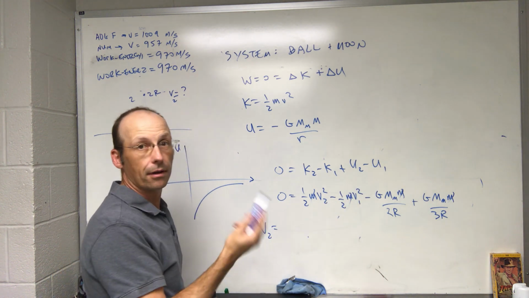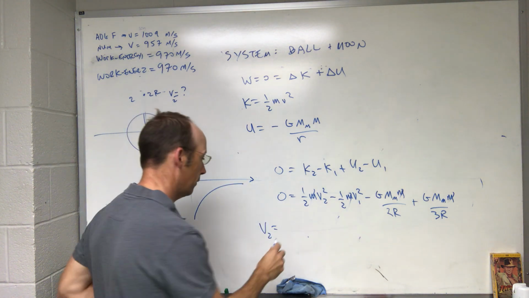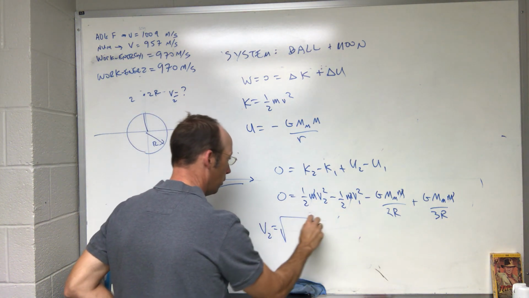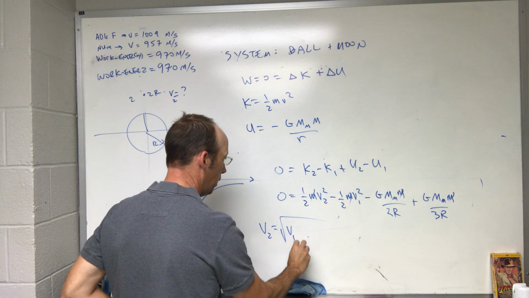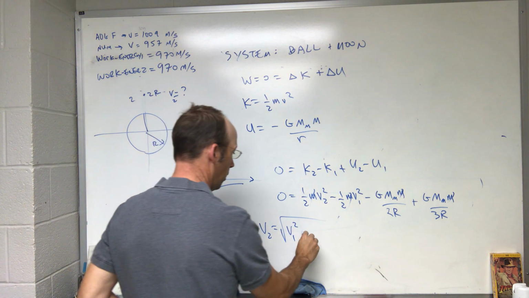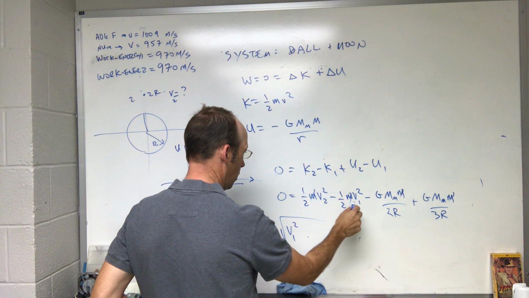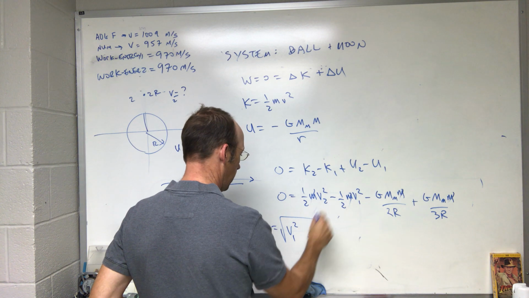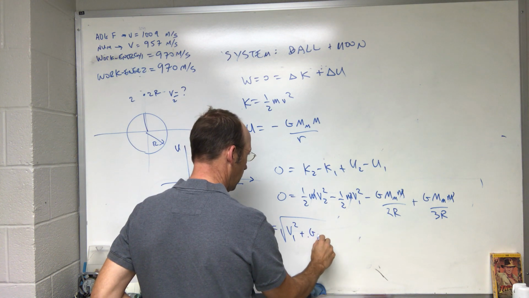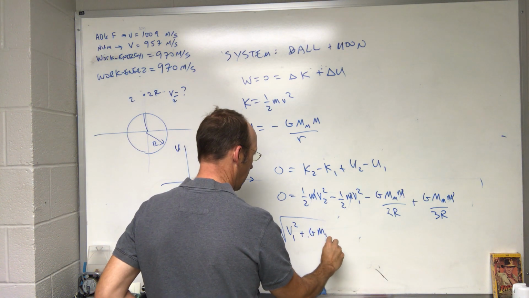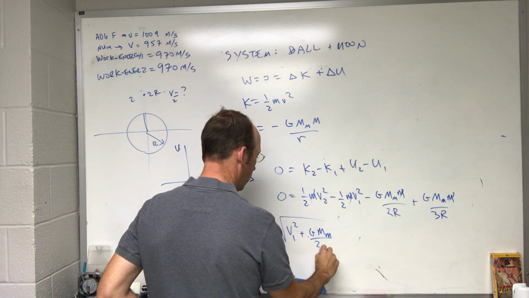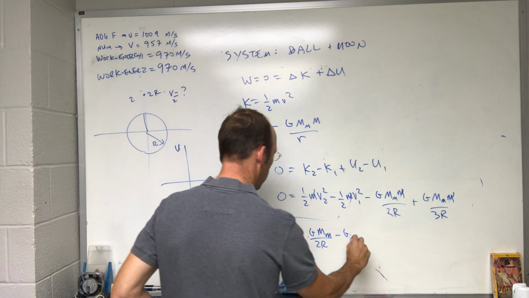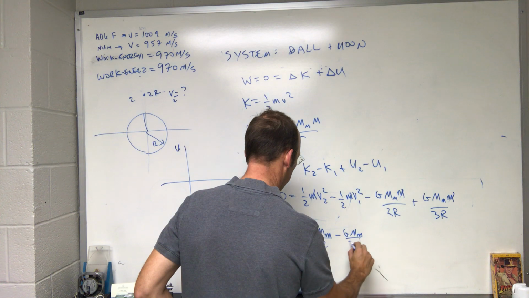And I'm skipping a step because V2 is the square root of V1 squared plus G M M over 2R minus G M M over 3R.